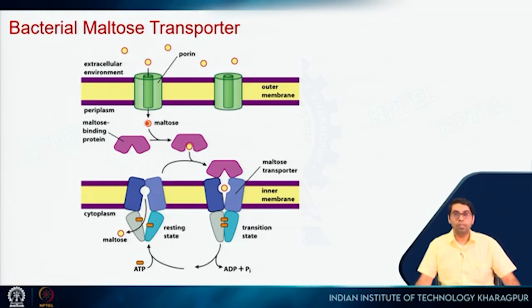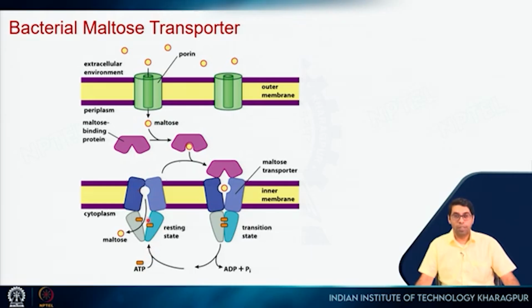Maltose will just get in through passive diffusion and in this region there is a particular protein which is called maltose binding protein. So this maltose binding protein will bind maltose very tightly, but now it has to transfer this maltose into the cytoplasmic side of the bacterium and that is done by this maltose transporter.